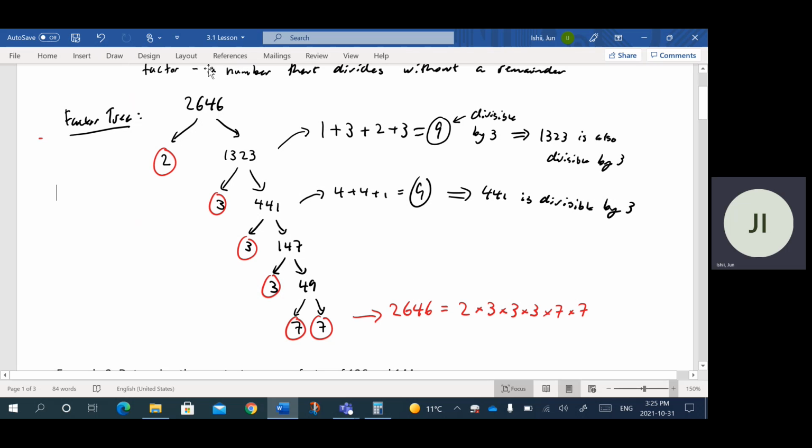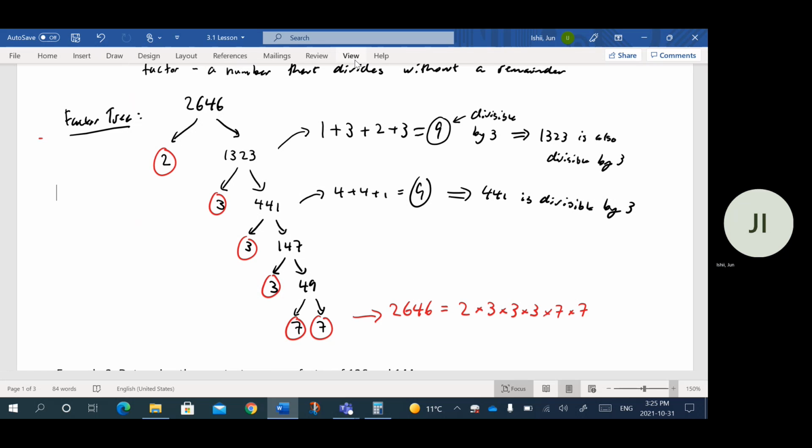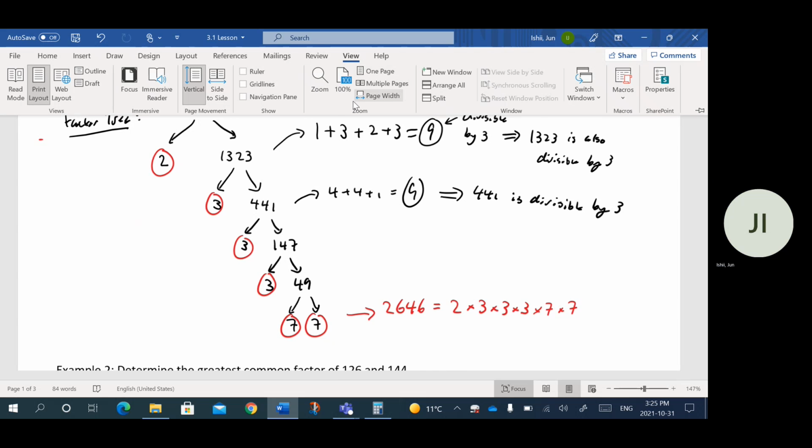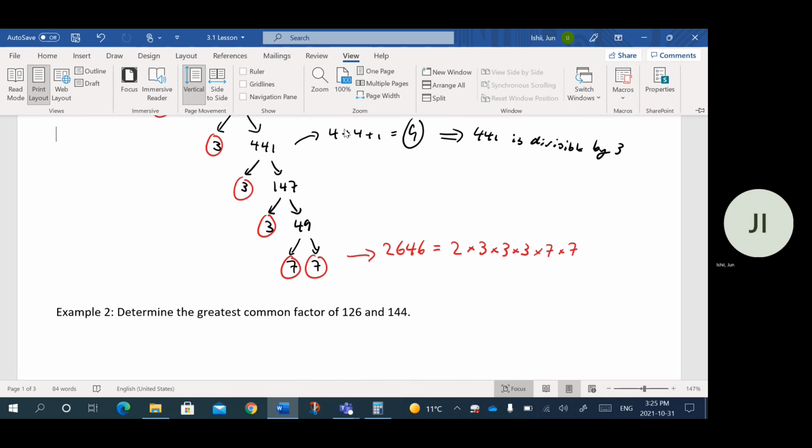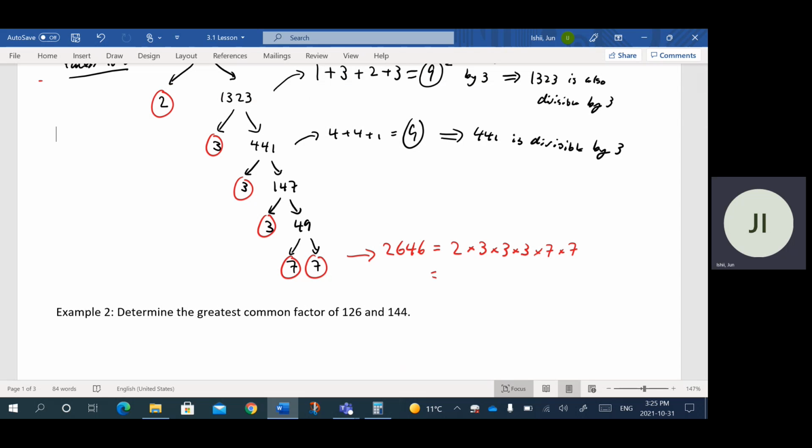And this we can kind of simplify. So this is also equal to 2 times, instead of multiplication, I'm just going to write a dot. I have 3 3s, so that's the same as 3 to the power of 3.